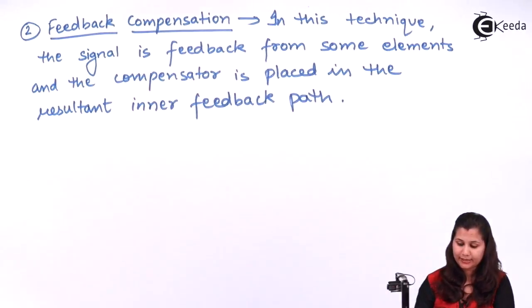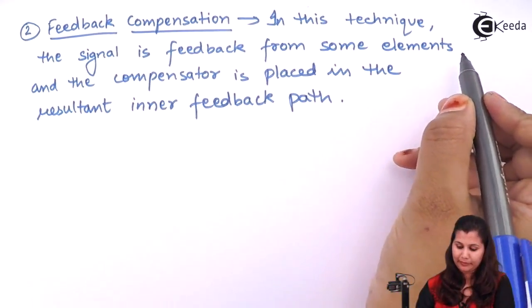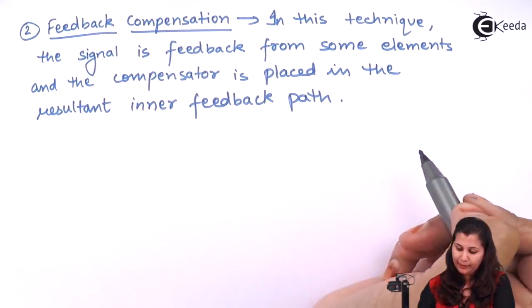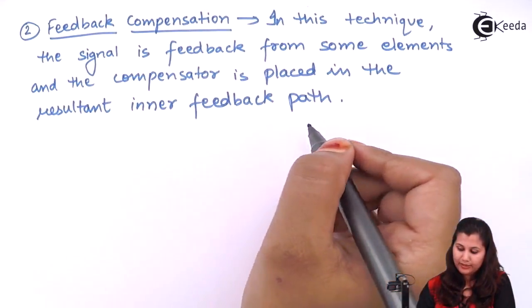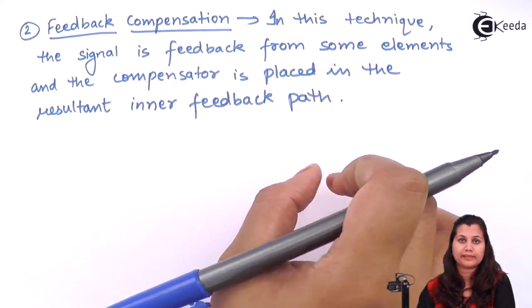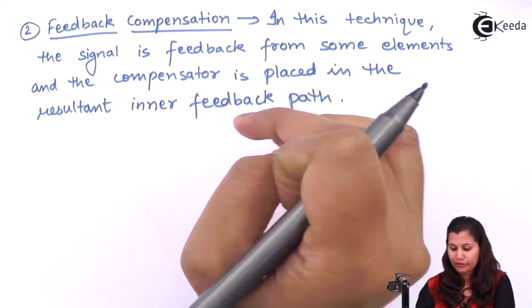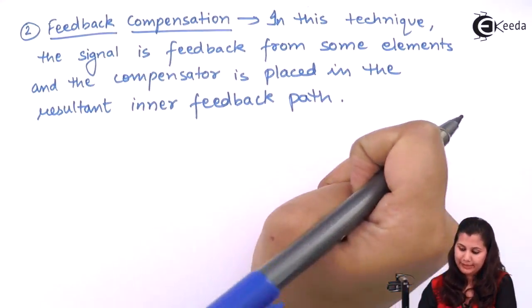In this technique, the signal is fed back from some elements and the compensator is placed in the resultant inner feedback path. Because we are adding the compensator in the feedback path, the signal is also fed back through it, so it is also known as parallel compensation.